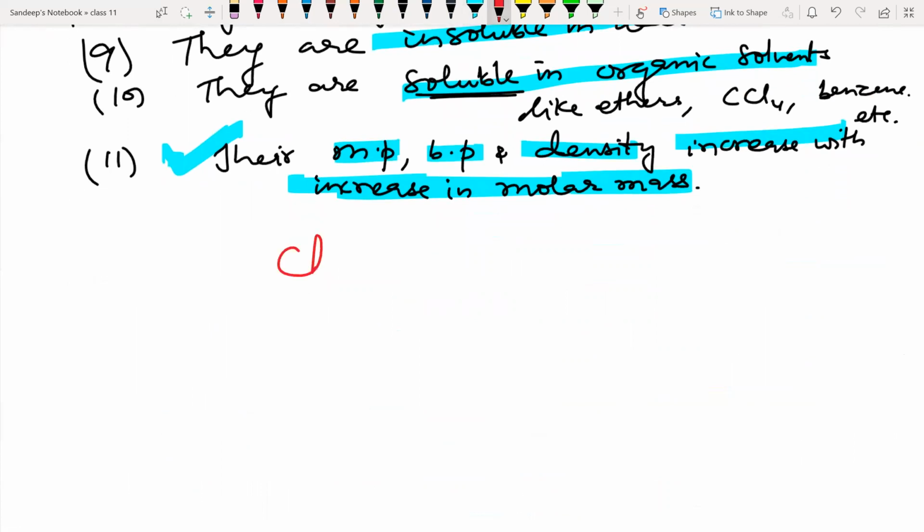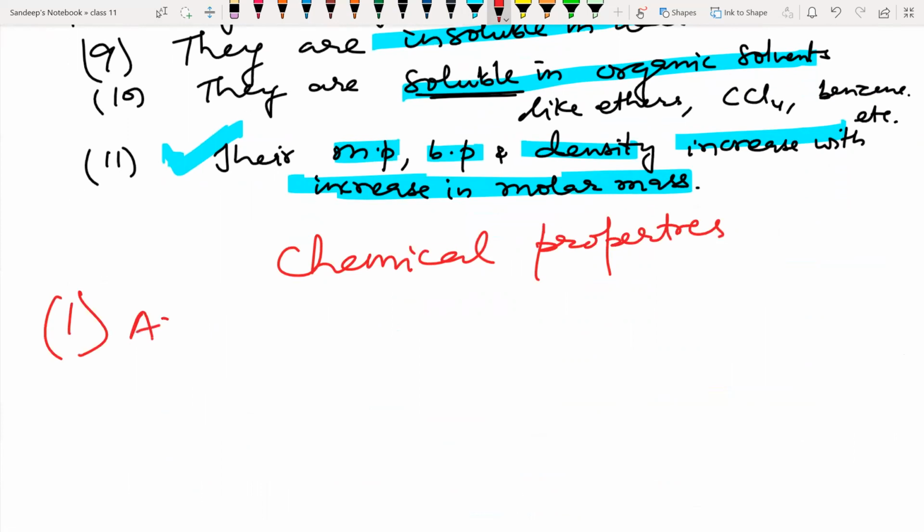Now we are going to discuss chemical properties, and first we will start with acidic properties. So, acidic character of alkynes. I have given you a little bit previously, acidic character of alkynes.